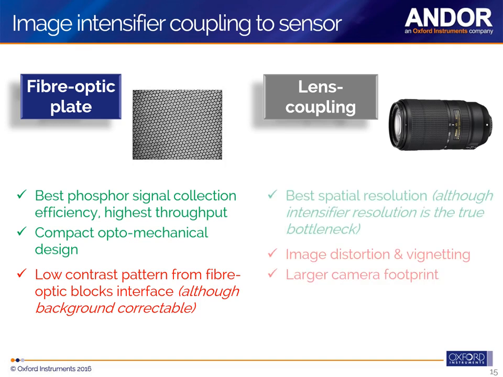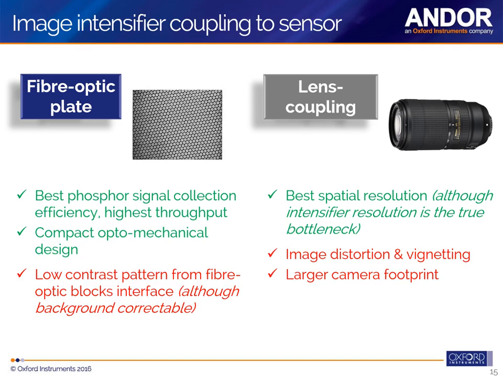The lens coupling approach typically gives better spatial resolution. However, image intensifiers do blur the signal, they do have a spatial resolution limit, and typically the spatial resolution limit of the intensifier is the bottleneck. So there is very small gain in having a lens coupling in terms of spatial resolution with ICCDs.